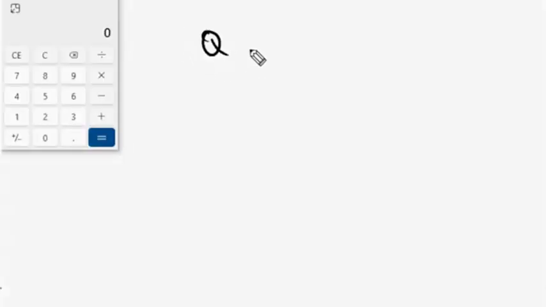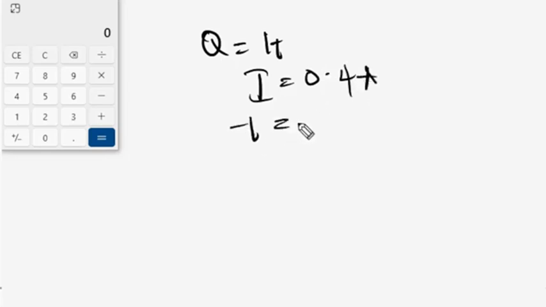So we know that Q is equal to IT. So since we've established this, Q is equal to IT, we want to find the quantity of electricity, which is Q. And already we have I and we have T. So I is the current, which is 0.4 amperes. And then T is the time.